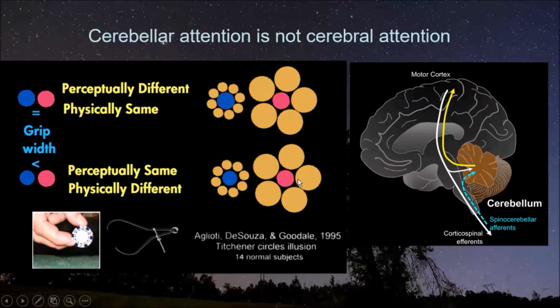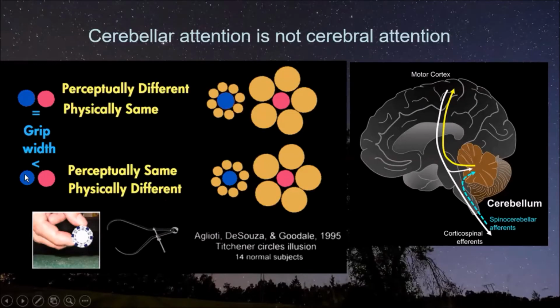It's an optical illusion. Now when you do this optical illusion in real space, like with poker chips in discs, and you go to pick up that center disc, your cerebellum ain't fooled. They did the study 26 years ago, and they measured with calipers the distance of your grip, your fingers going in to grab that chip.